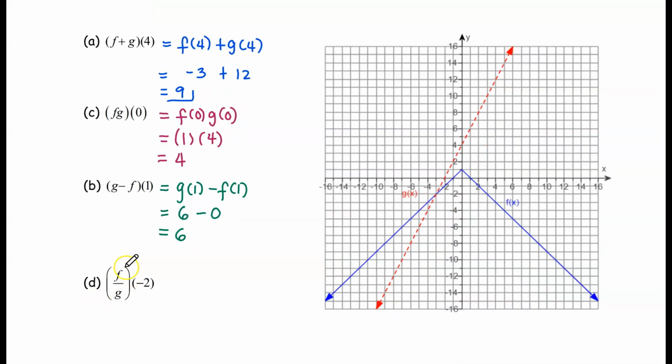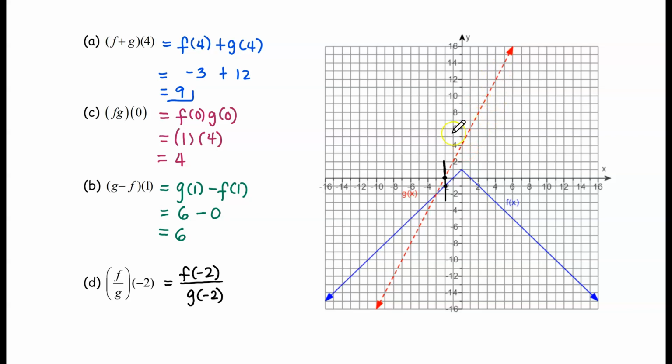Now lastly, we have f over g at negative 2. This is equal to f at negative 2 divided by g at negative 2. So locate negative 2 on the graph. That is this point here. That's negative 2. And then just draw a line passing through negative 2 and see where it would intersect at your curve. Now here it intersects at this point on the red line, and on the blue line it intersects at that point.